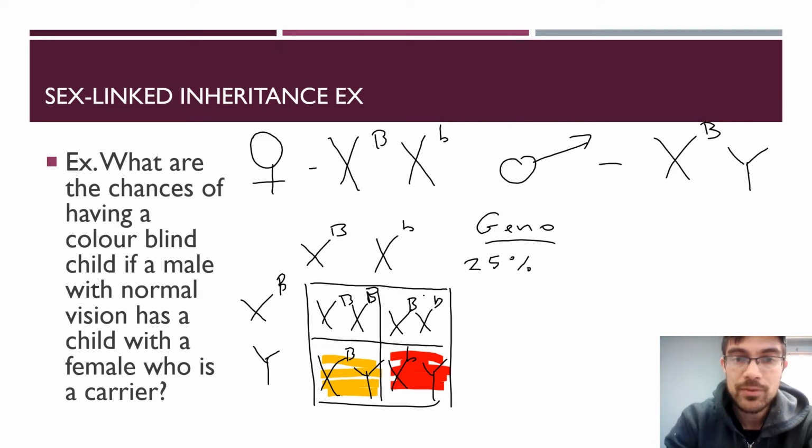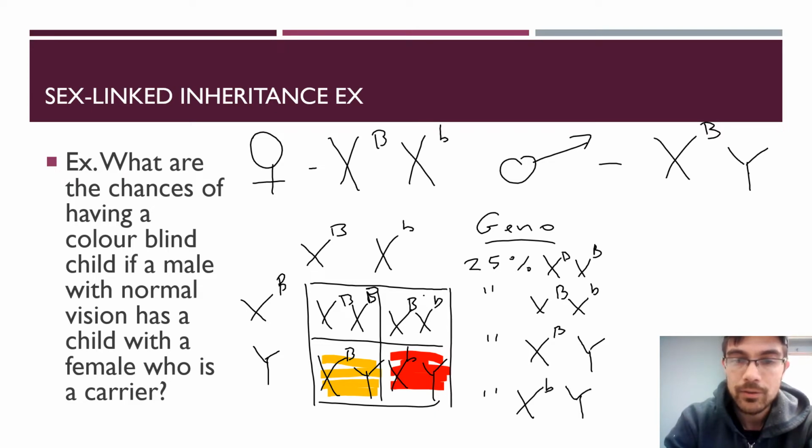So 25% will be homozygous dominant females, 25% will be carriers, 25% will be non-colorblind males, and there's also a 25% chance of having a colorblind male child.